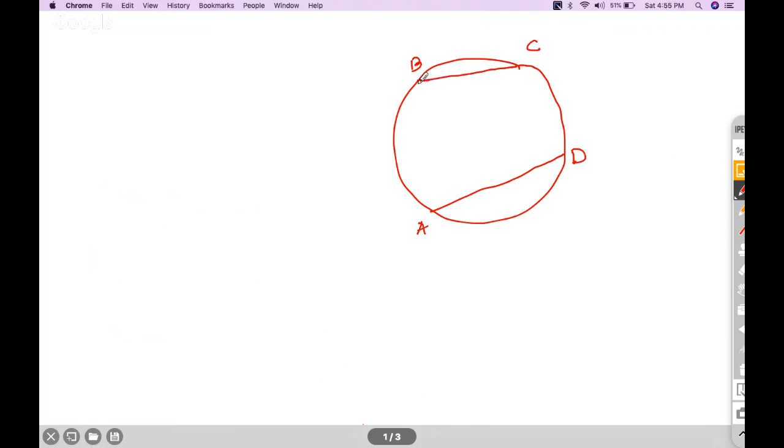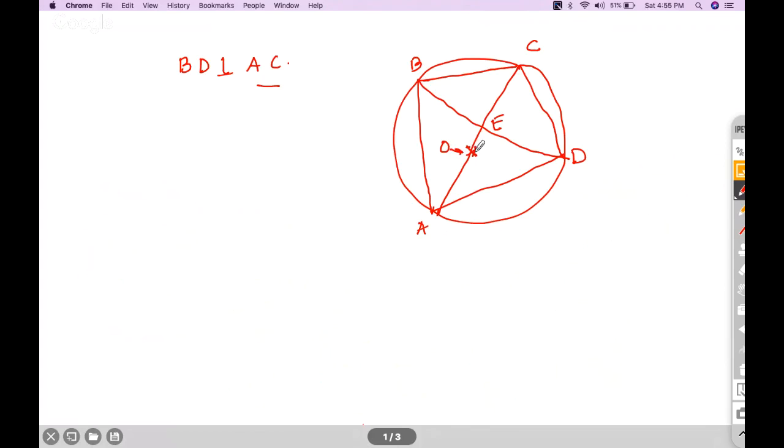I join these 2 points, make this. I see that this is point E. I say that BD is perpendicular to AC. This has been given. This point is center O.